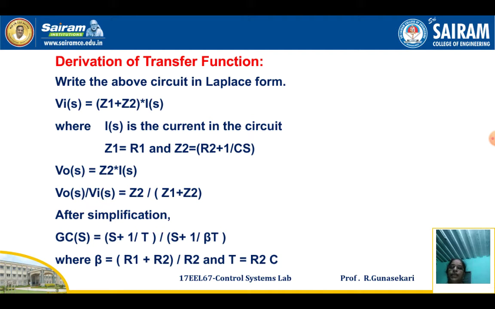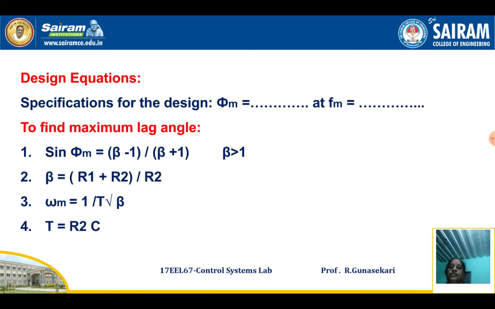After simplification, the transfer function Gc(s) is equal to (s plus 1 by T) divided by (s plus 1 by beta T), where beta equals (R1 plus R2) divided by R2 and T equals R2 into C only.